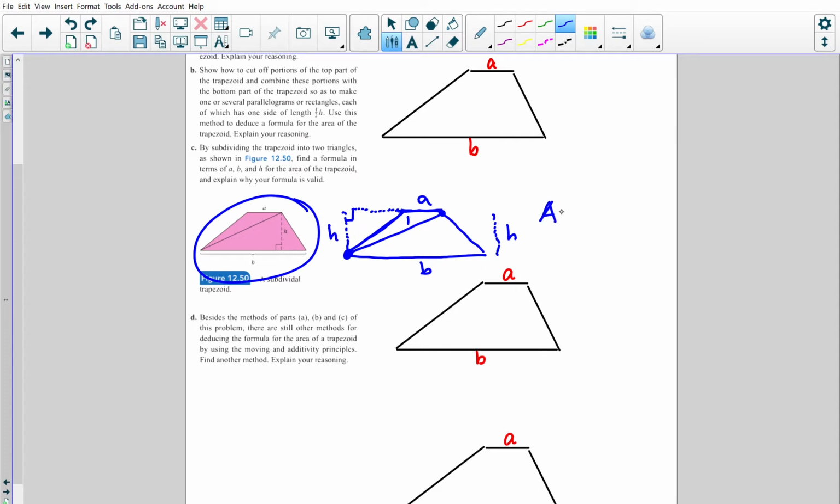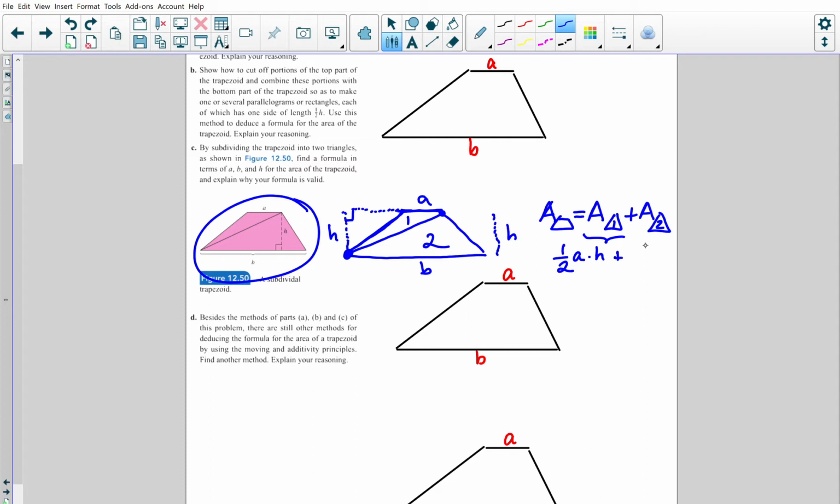So the area of the trapezoid is equal to the area of triangle 1 plus the area of triangle 2. Triangle 1 has area 1/2 A, the base, times h, its height.